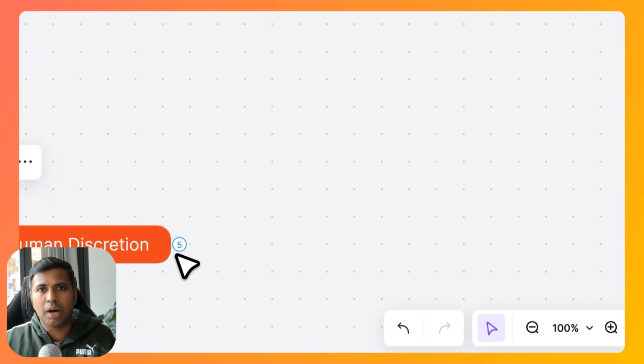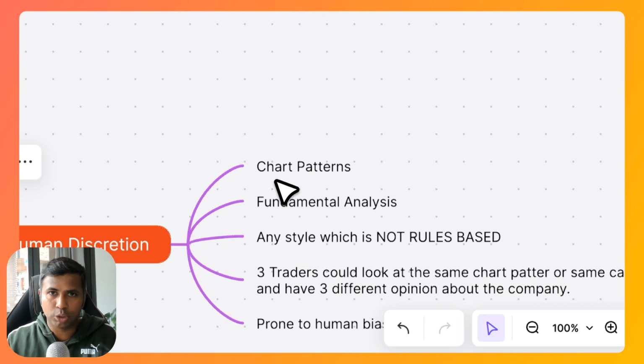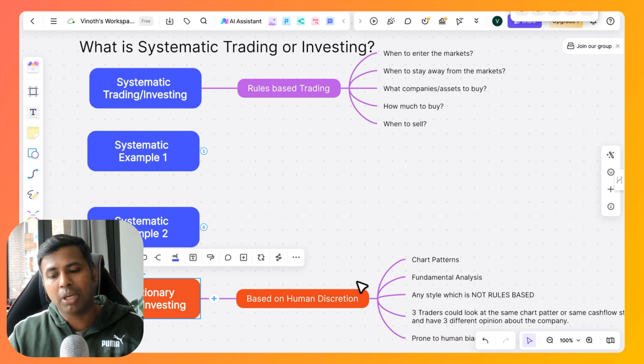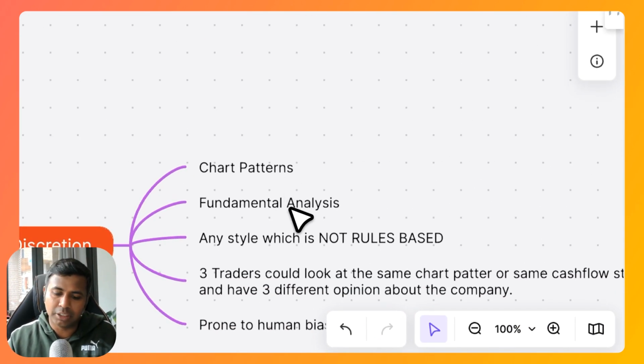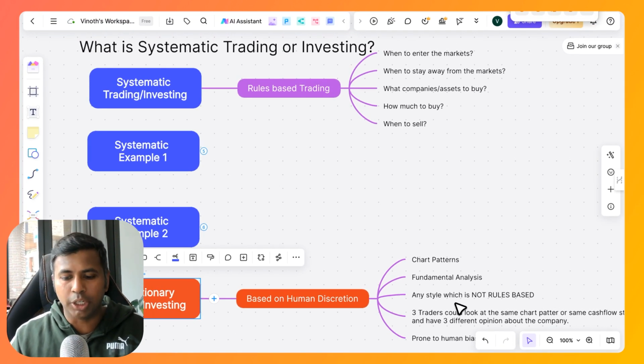So these are not governed by any rules. Let us look at some of the styles of discretionary trading or investing. Some of them are chart patterns or fundamental analysis, or any style of trading which is not based on a set of rules is called discretionary trading or investing.